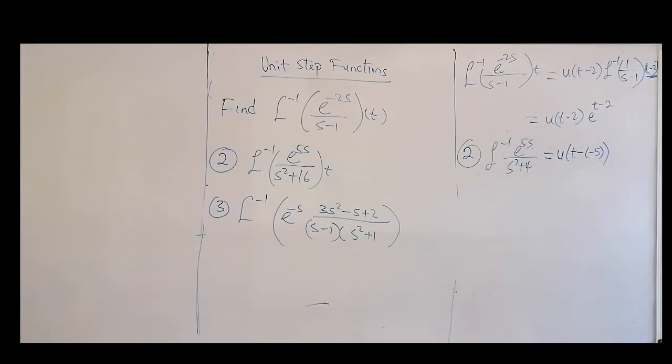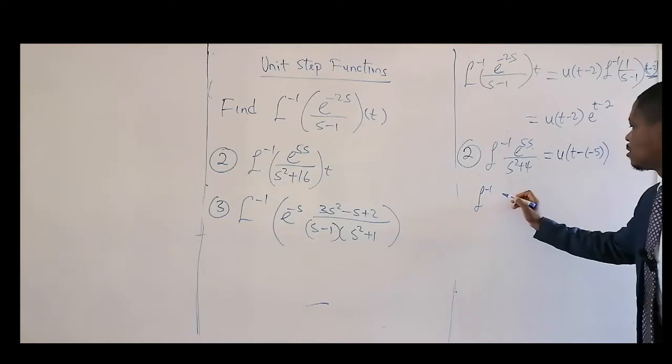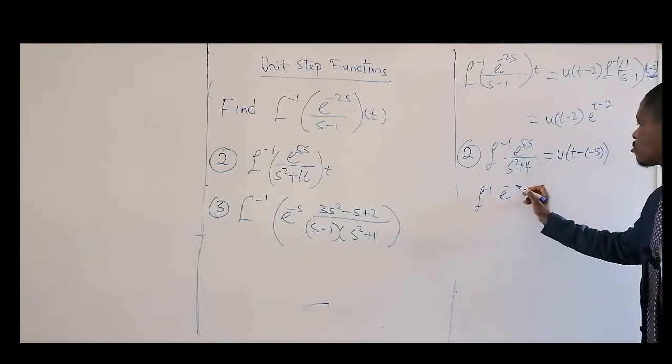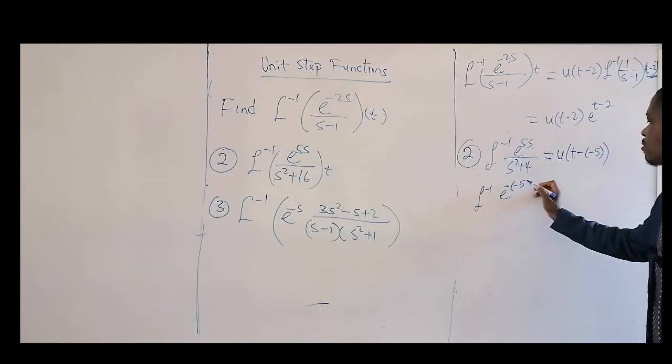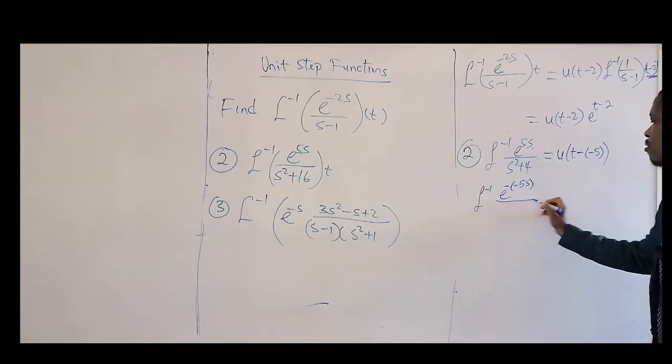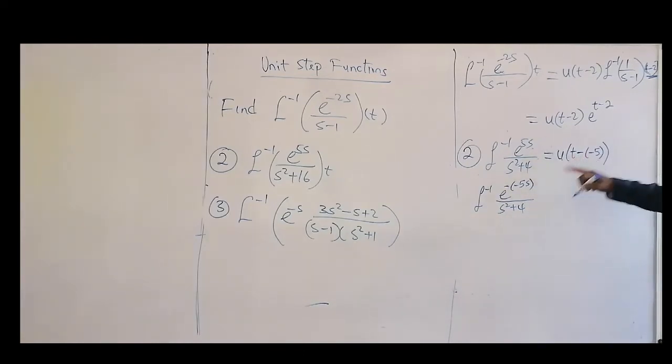Okay, it is minus from the standard rule, because we can write this as the inverse of e to the minus minus 5s all over s squared plus 4. So that will be u of t minus that constant minus 5.